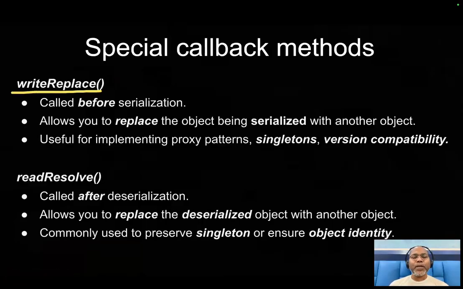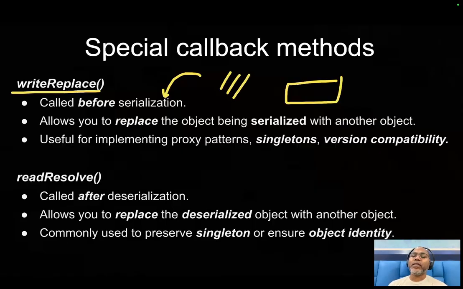The writeReplace method is called before serialization. So before the serialization process starts, if you want to perform some additional activities, then you have to override this writeReplace method and do something. It allows you to replace the object being serialized with another object if you want.